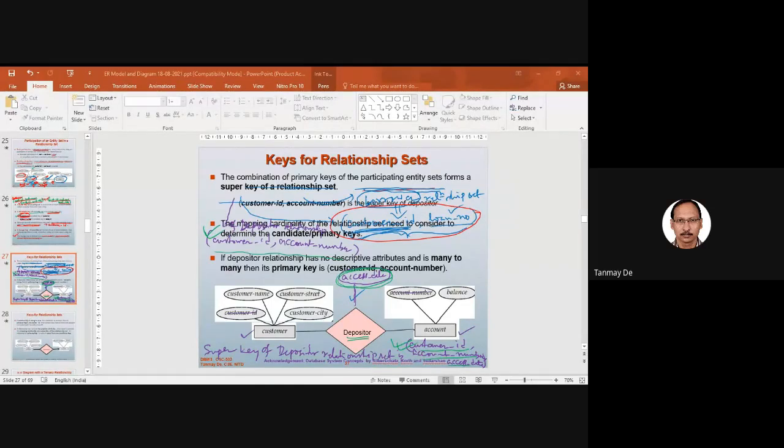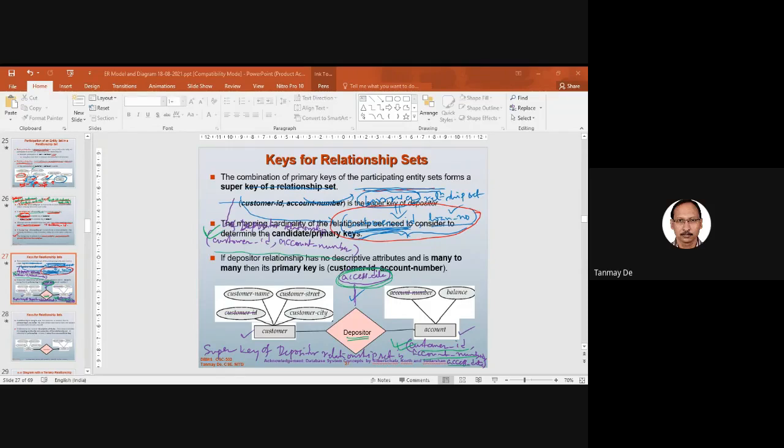If the relationship set has a descriptive attribute, like the access date I mentioned, then we need to consider the mapping cardinality as well as the semantics of the relationship set. Some complexity will be raised. And another thing, if this is a one-to-one relationship set, it is not shown here.